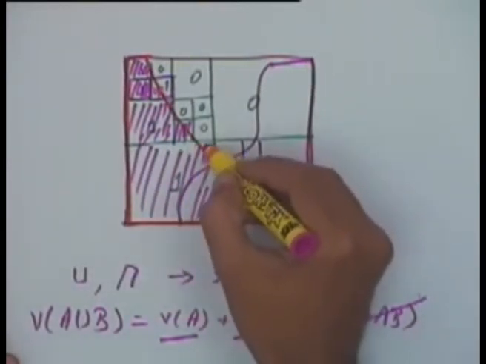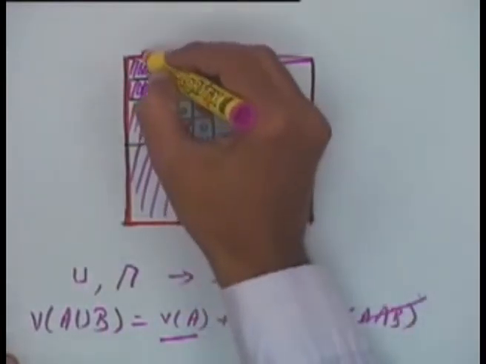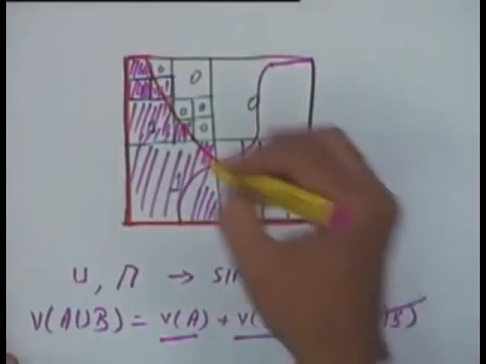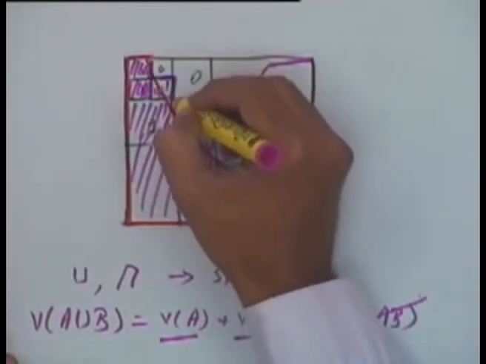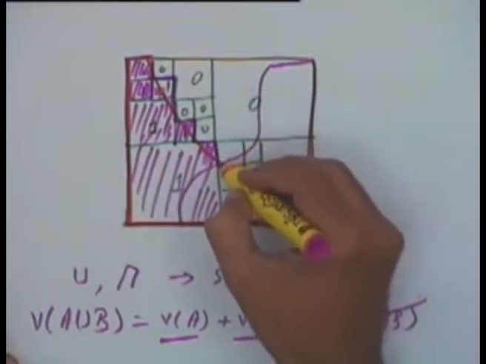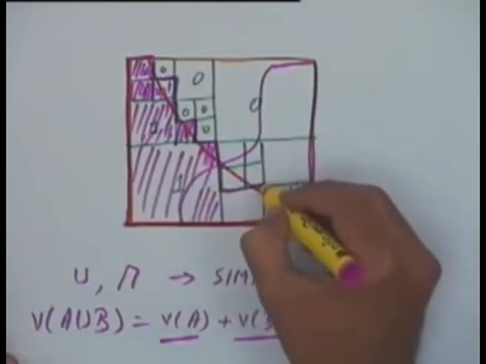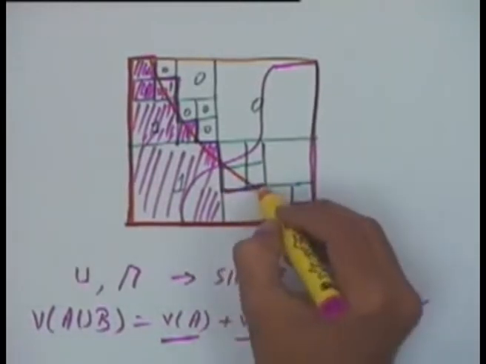Even portions which are outside the curve will be shown as inside. Because my curve, instead of looking like a smooth curve like this, will look stepped. It looks something like this.